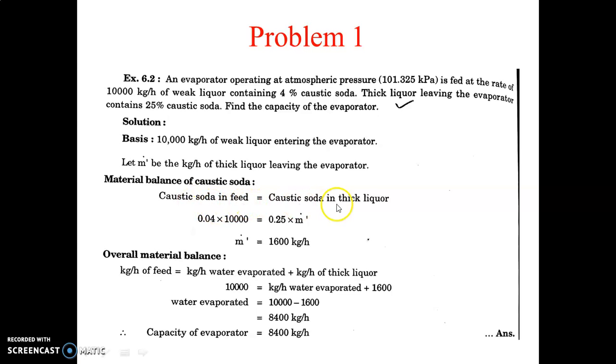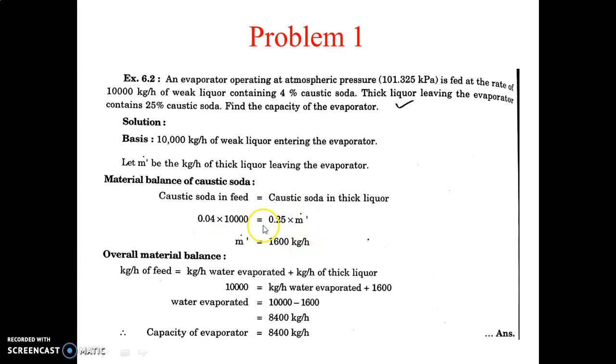Caustic soda in feed is equal to caustic soda in thick liquor. Here the 4% you have to divide by 100, because it is given in percent. You have to convert it into the weight fraction, multiplied by 10,000, is equal to 0.25 multiplied by m dot. m dot is not given here; in the problem you have to calculate it.